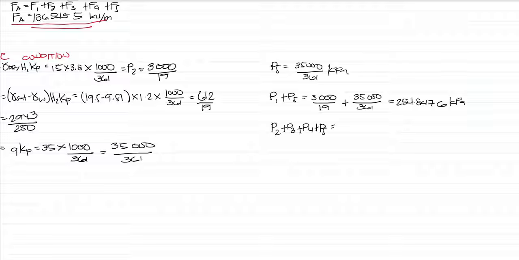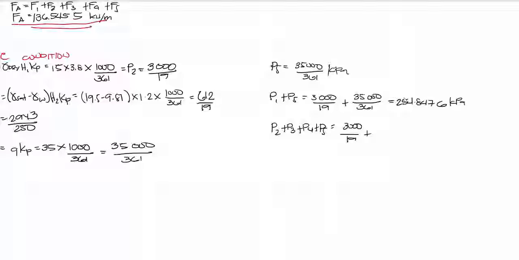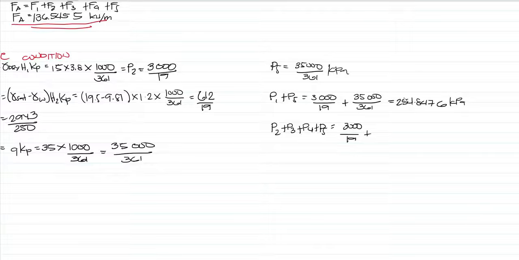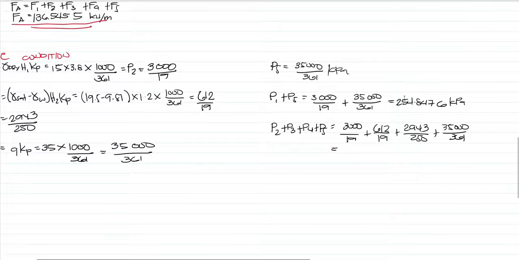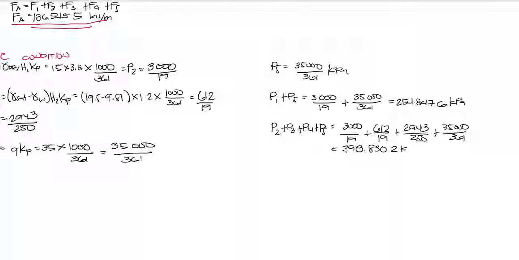That is 3,000 over 19 plus P3, which is 612 over 19, plus P4, which is 2943 over 250, plus our P5, which is 35,000 over 361. So, we have a value for this one equivalent to 298.8302. So, this is in kilopascal.